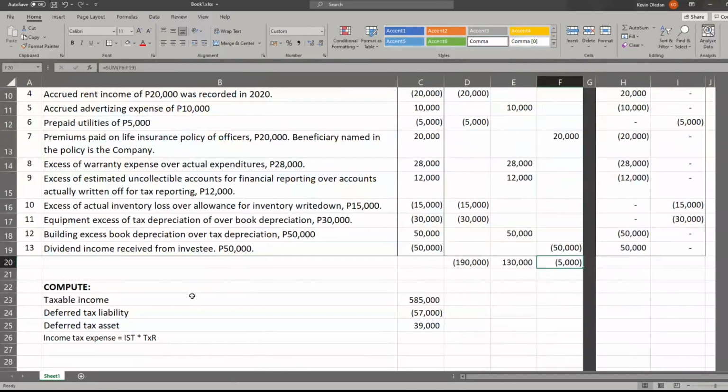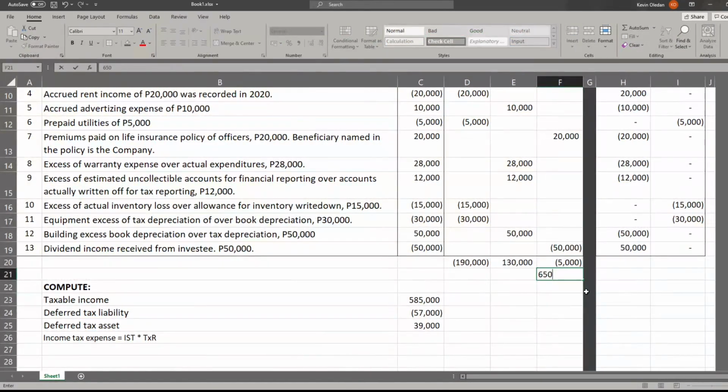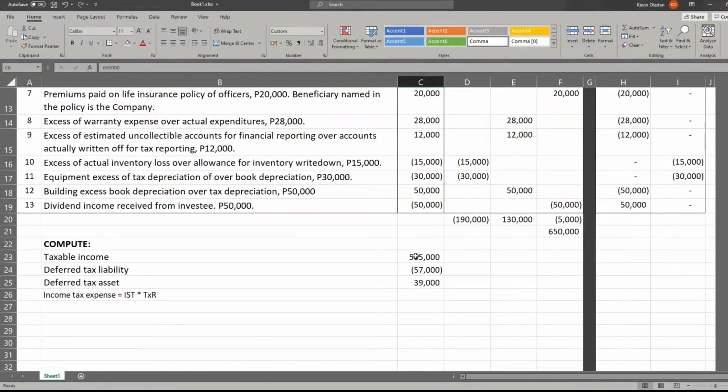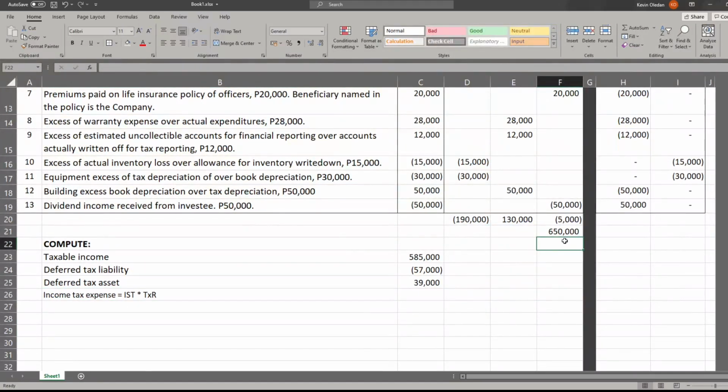Tapos magkano ulit yung earnings before tax? Earnings before tax is 650,000 as given above. Ito po, 650,000. So kung tatanungin ka magkano yung income tax expense, kailangan mo kunin to.